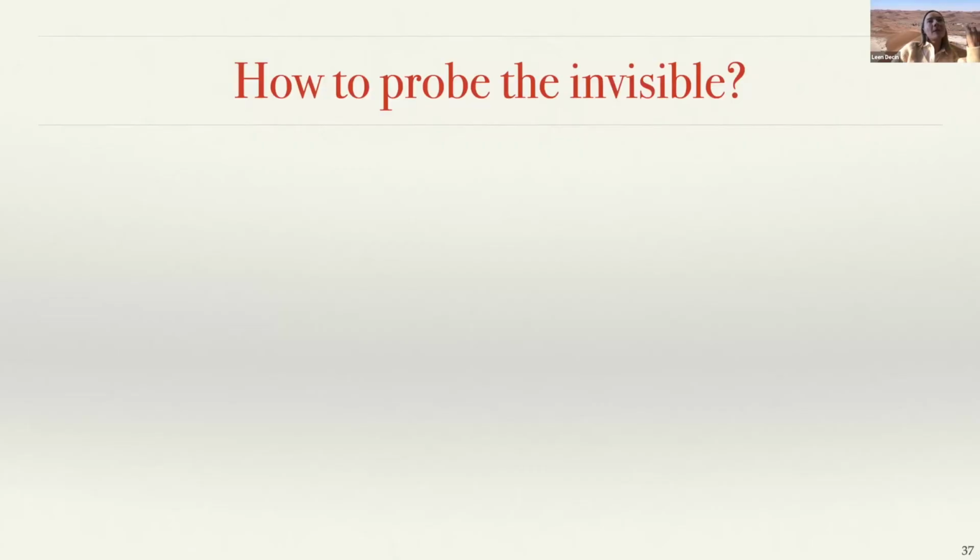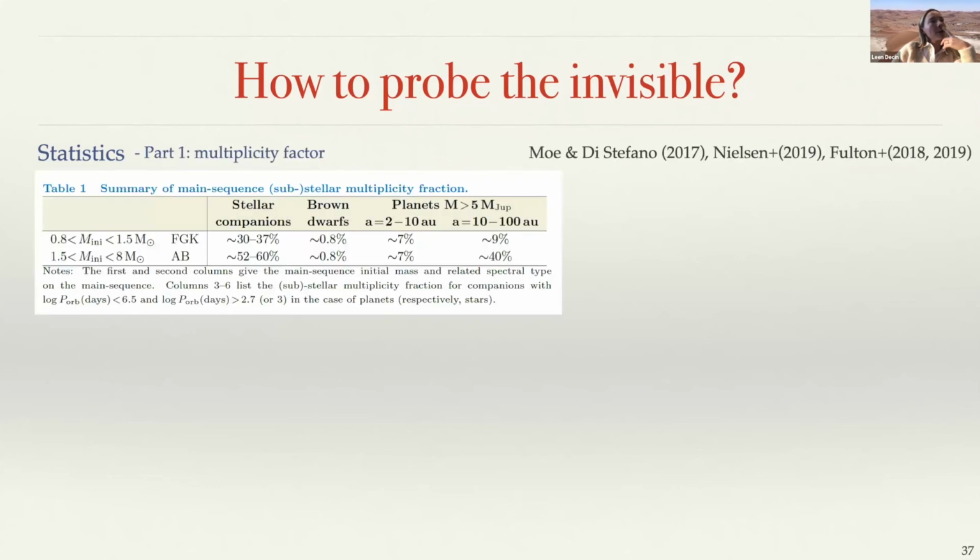So then the question is how to probe the invisible, how to convince a referee that potentially there are companions there. Well, then you can go back and use population statistics. First of all, what do we know from a statistical point of view?